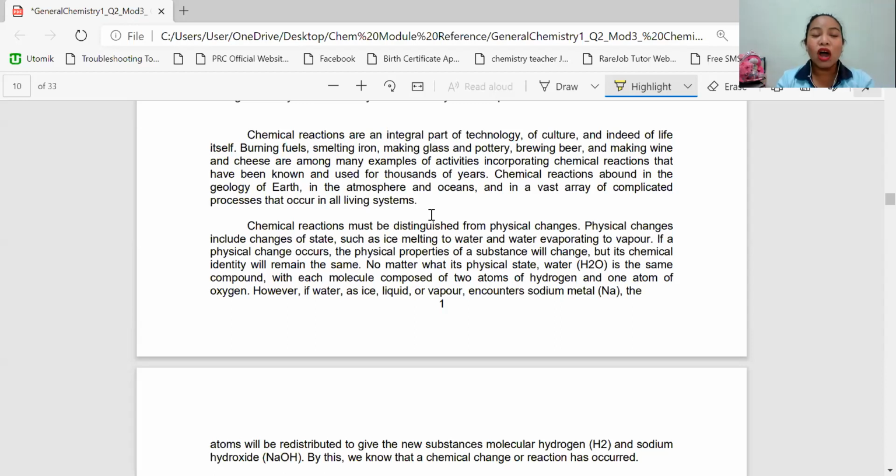Later on, when we talk about cellular respiration, we have the glycolysis, the Krebs cycle, and the electron transport chain. You will appreciate the chemical reaction inside your body.